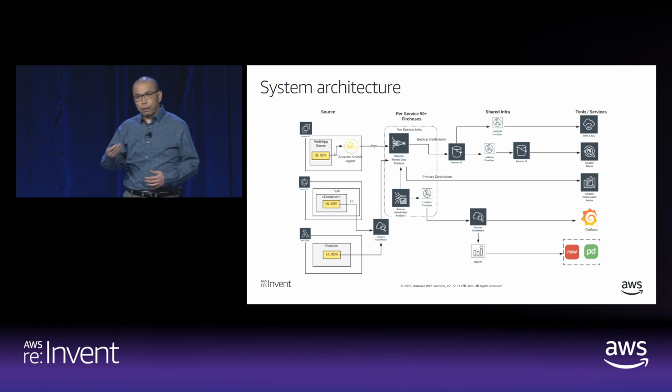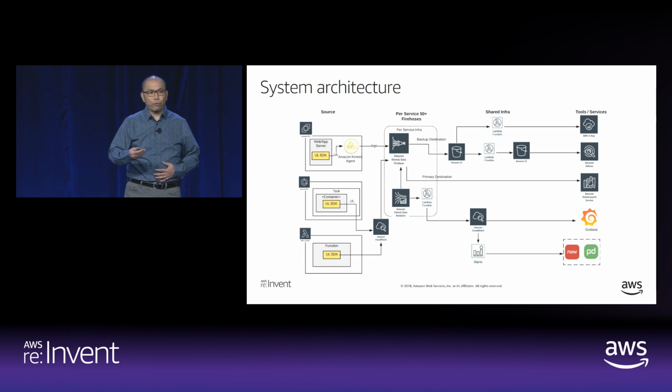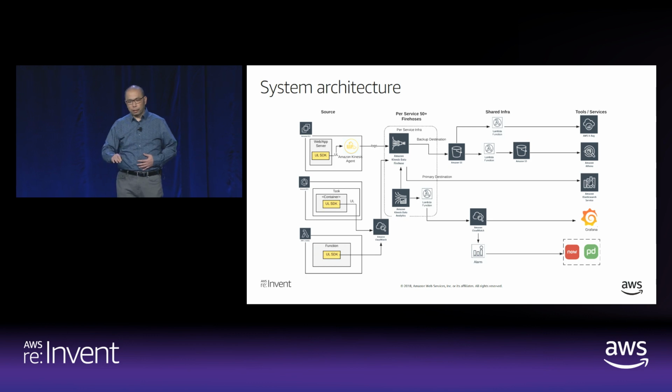Each of these infrastructures has application code running on it, and we provide an SDK, which we call the UL SDK, the Unified Logging SDK. I'll explain Unified Logging in the next slide.